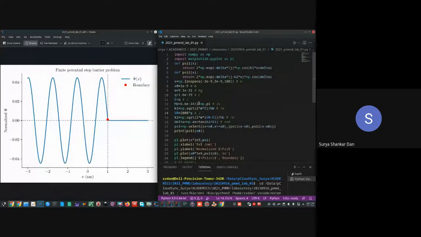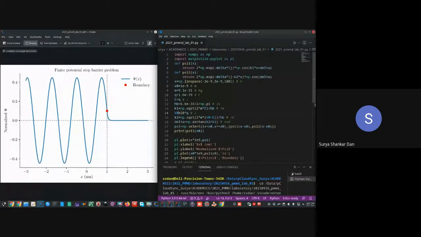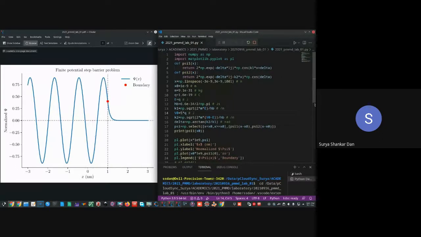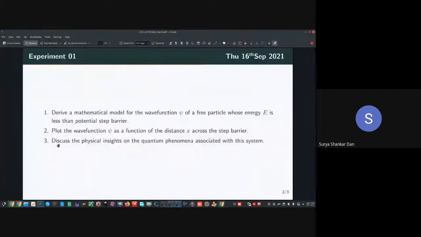Okay, so this is what you have to essentially write in your report, or at least you should be able to appreciate that this is going on at the quantum world. So in the question, when I had specifically mentioned, like hardly anybody wrote this, discuss the physical insights on the quantum phenomena associated with this system.